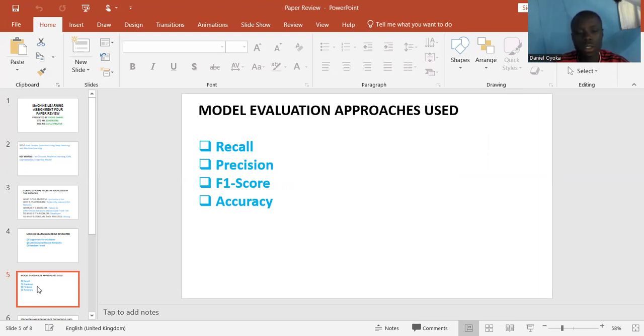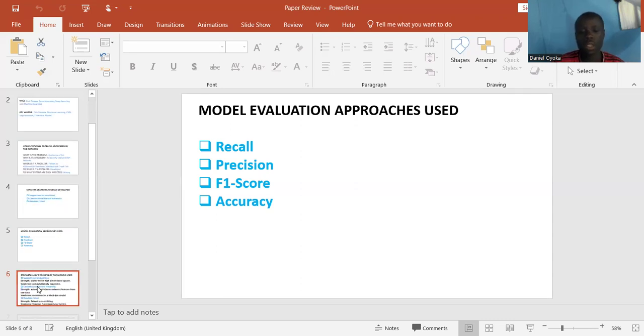The F1 score harmonizes the mean between the two metrics, that's the precision and the recall. And accuracy is the measure of correctness of prediction of the module, taking into consideration both the true positives and the true negatives.